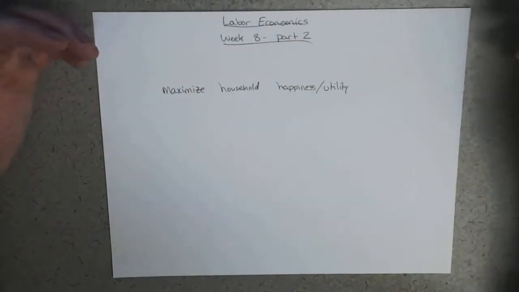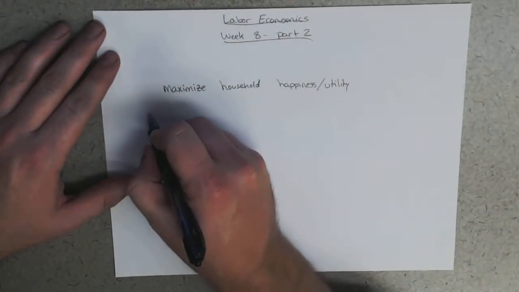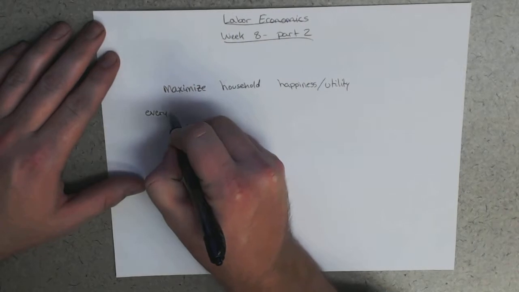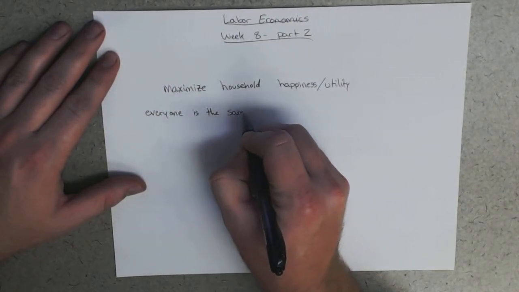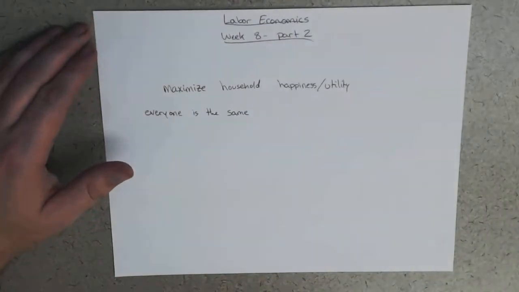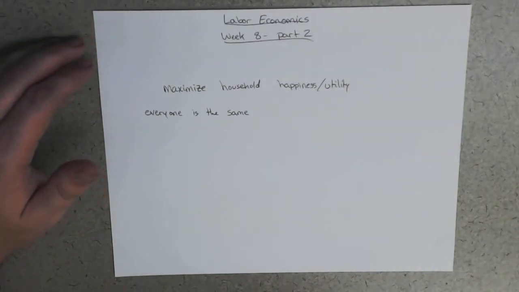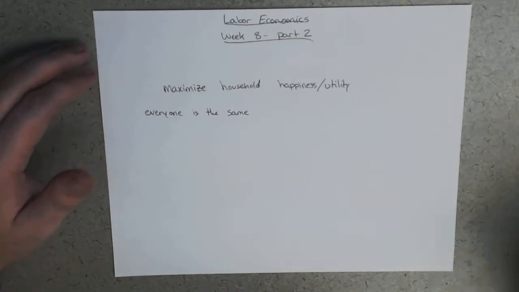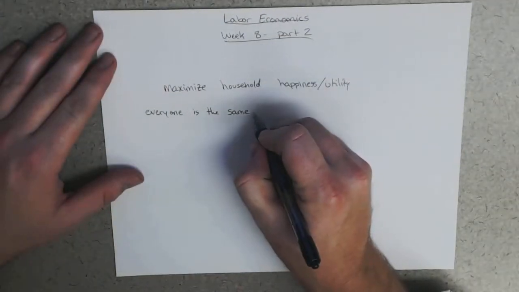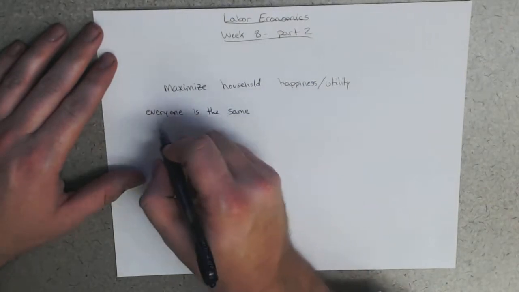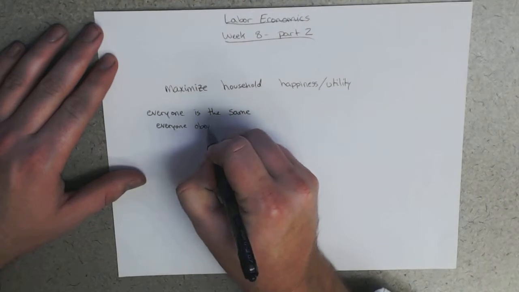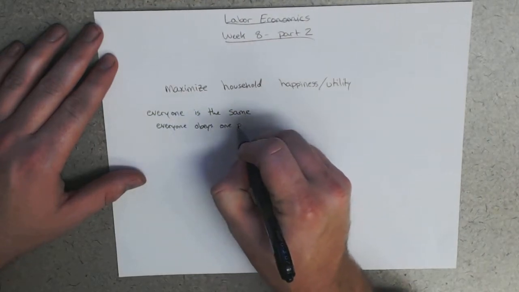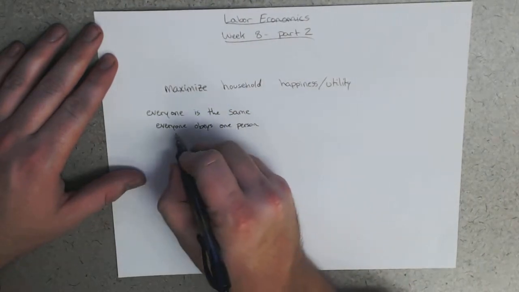So we can assume that everyone's the same, except for maybe physical differences, and as a result, that everyone just obeys one person, the head of household.